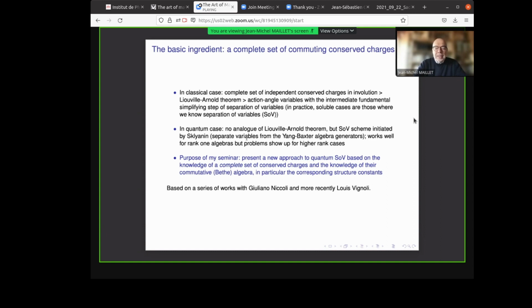And such bases are not constructed as in Sklyanin's setup from some B operator, A operator, and so on, but just from the knowledge of a complete set of conserved charges and the knowledge of their commutative Bethe algebra, and in particular, the knowledge of the corresponding structure constants. And I have to say that all that I will present in this talk is based on a series of work with Giuliano Niccoli and more recently with Louis Vignoli, who is our student.